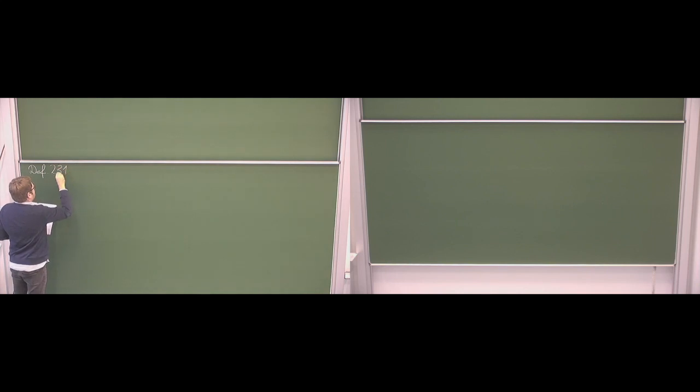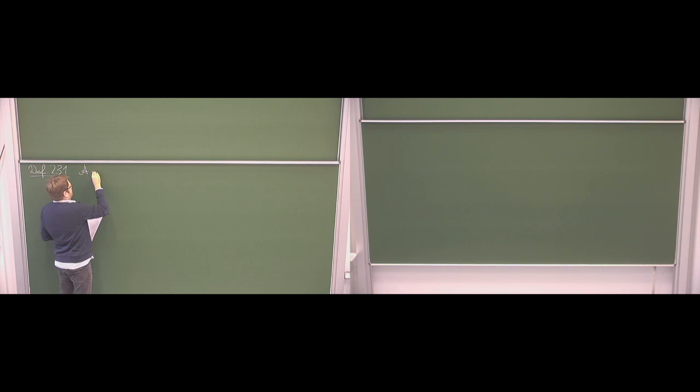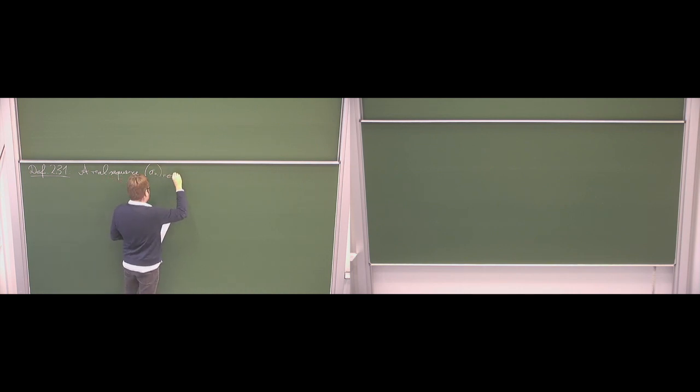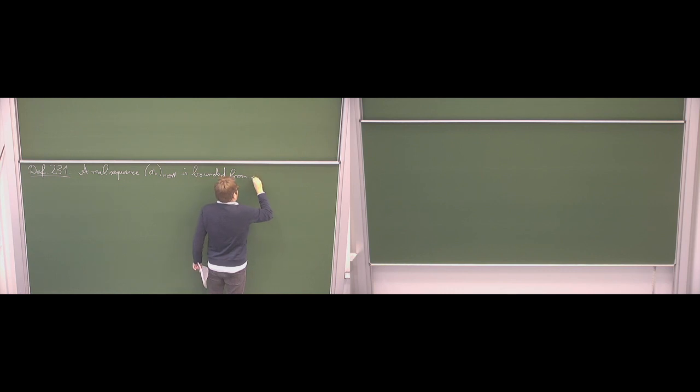So definition 231. A real sequence (a_n), n in N, is bounded from above. So far we've discussed bounded sequences, but this is a slightly more general notion.